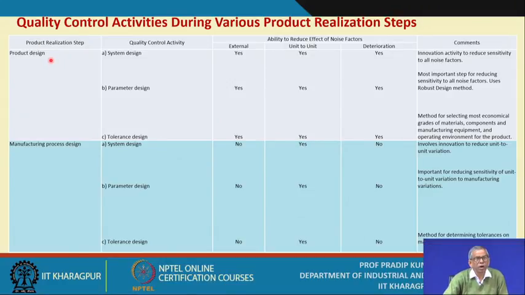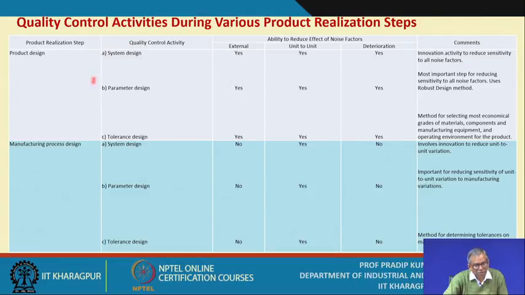What we need to identify is, related to a particular product realization step, like say product design, how do you define the quality control activities? How do you identify the quality control activities related to system design, related to parameter design, related to tolerance design?